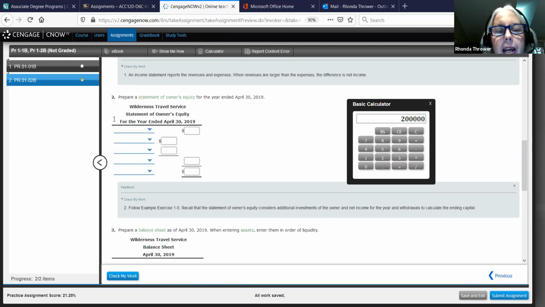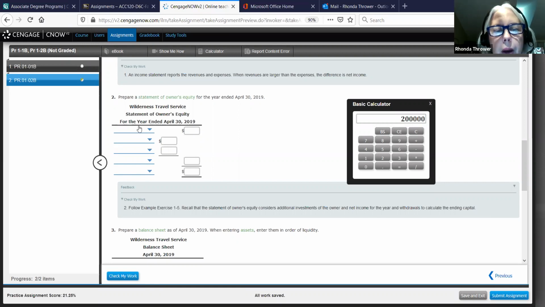The heading is what you start with on the statement of owner's equity. The heading consists of the name of the company, the name of the statement, and again, the accounting period of time that this statement is for. It's the same period of time as the income statement that we worked on before.